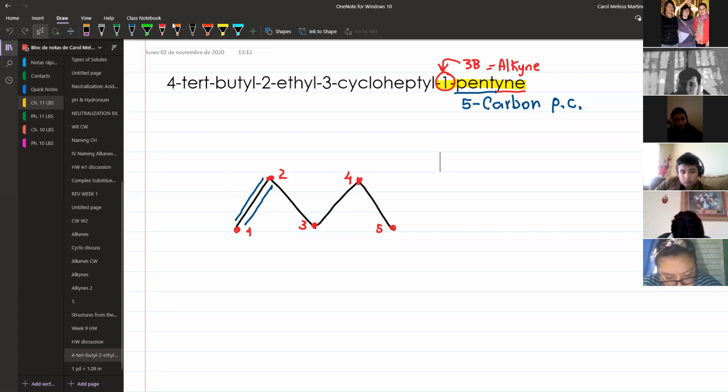The next step, I have in the position 3 cycloheptane. Cycloheptane, okay? The word cyclo tells me it is a geometric figure.